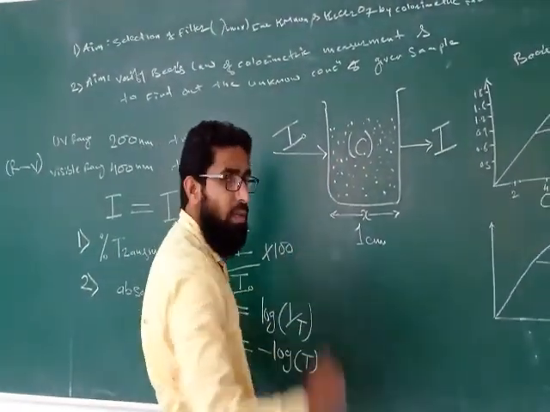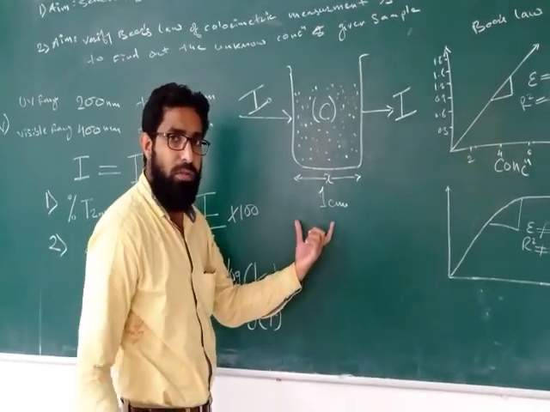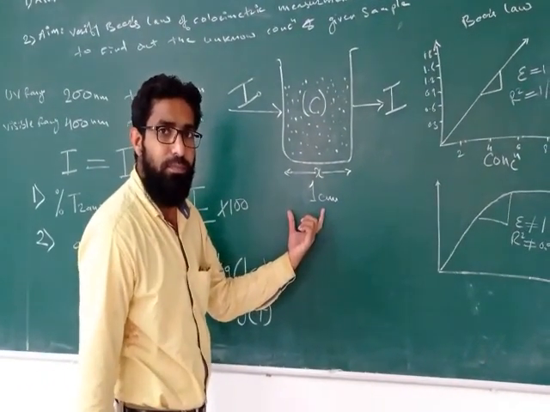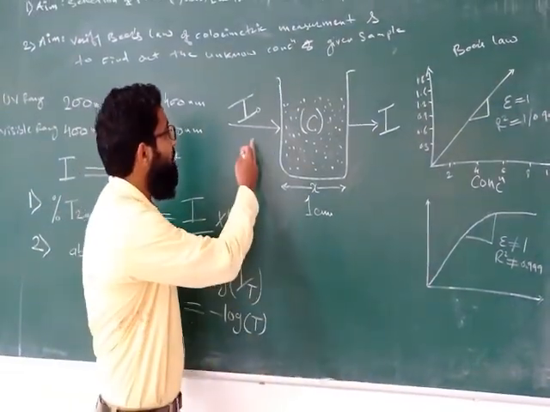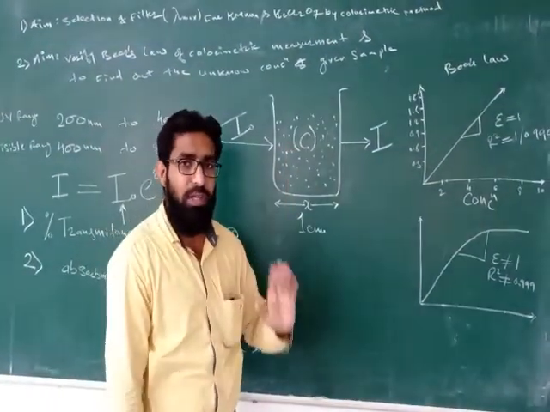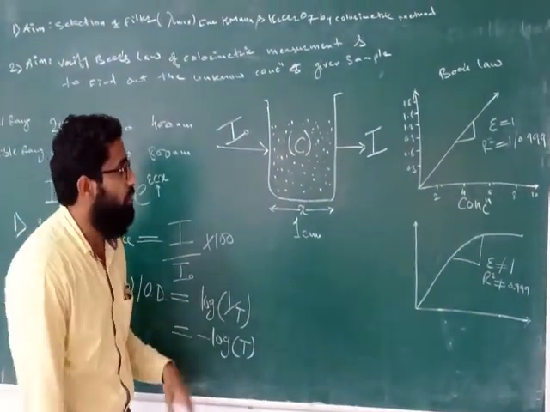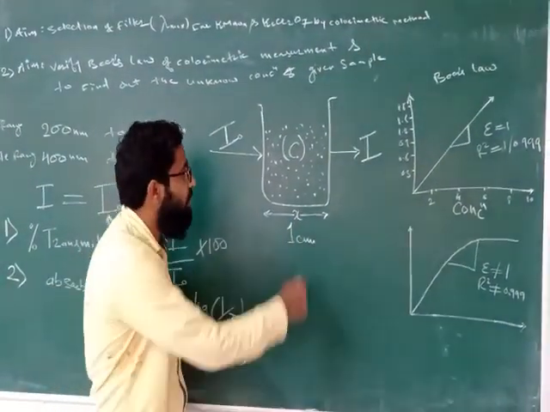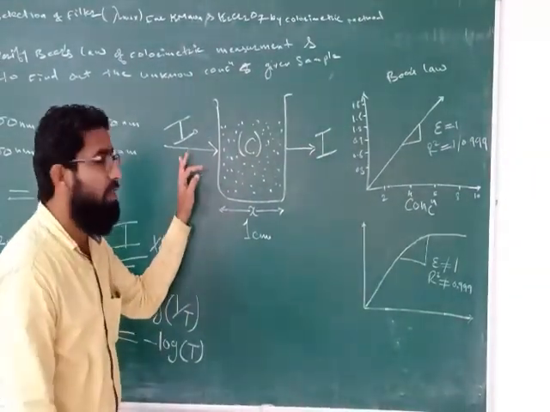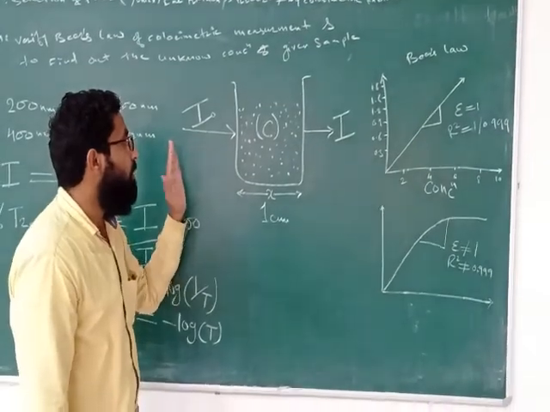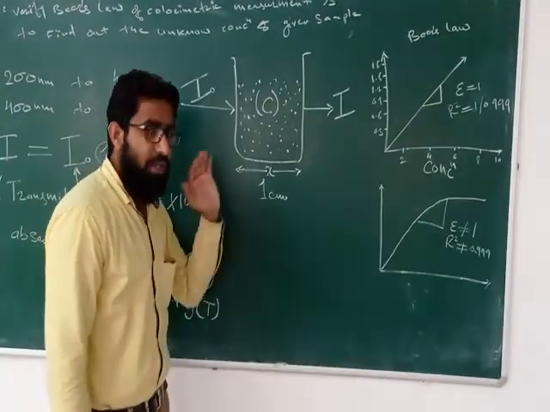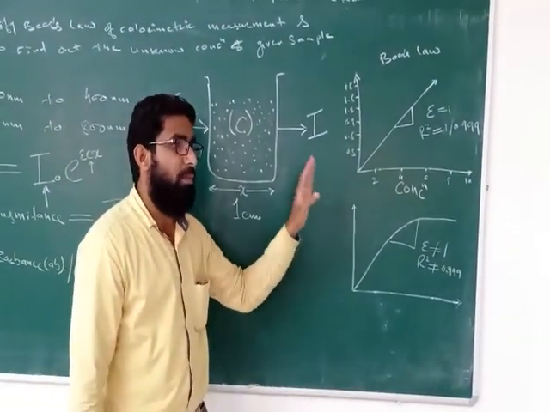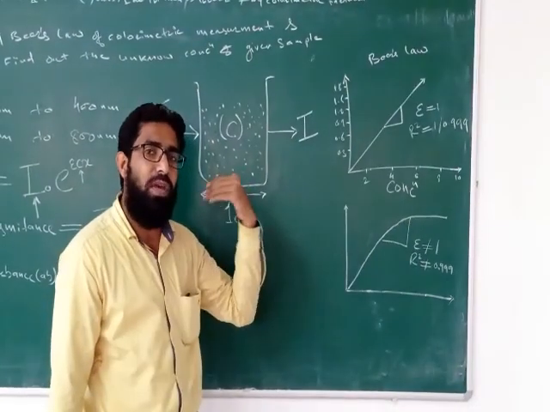Now, this is the actual process. This is the incident light. This is the transmitted light. As I told you, Beer's law is a function of concentration and intensity of incident light. This actually measures the percent transmittance. By subtracting percent transmittance, we get the absorbance.